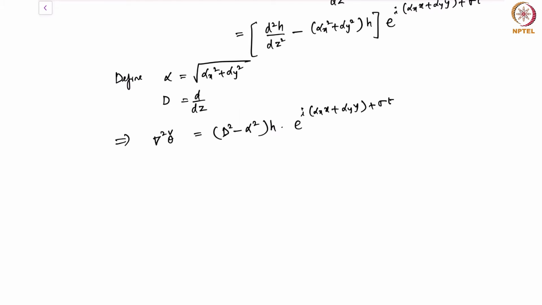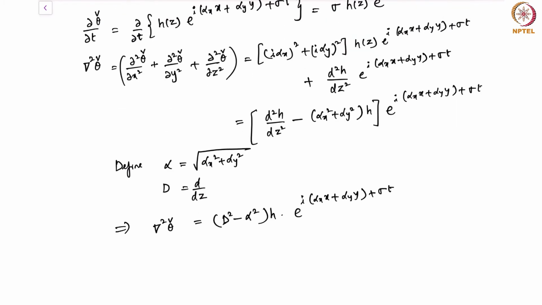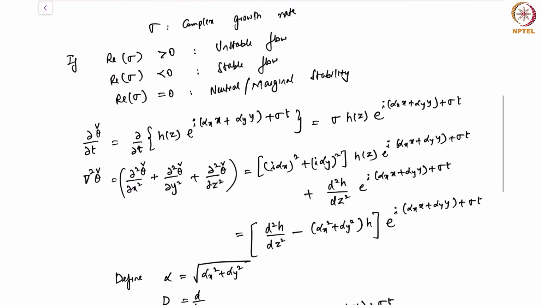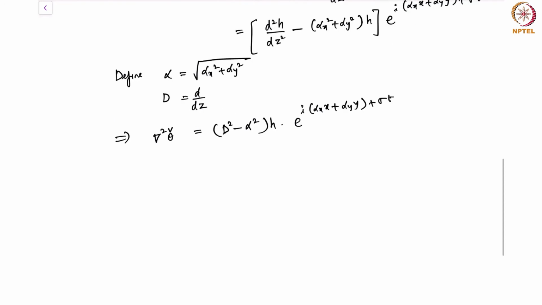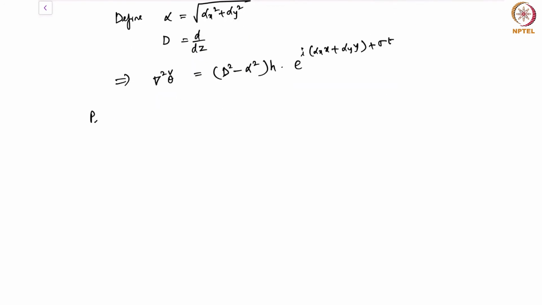Now that we have evaluated del square of theta hat and also the time derivative of theta, we can substitute these into equation 12, and what we now have is Prandtl number times sigma minus (D square minus alpha square), this whole thing times h, essentially becomes minus w hat on the right hand side, that is minus f.